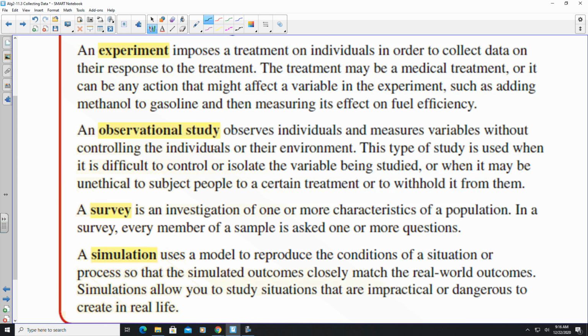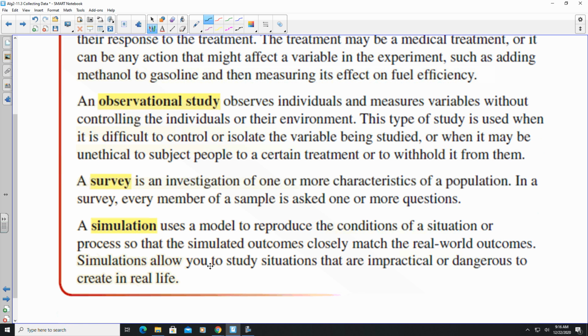The next one is an observational study, where you observe individuals and measure variables without controlling the individuals or their environment. The next one is a survey, which is an investigation of one or more characteristics of a population. In a survey, every member of the sample is asked one or more questions.